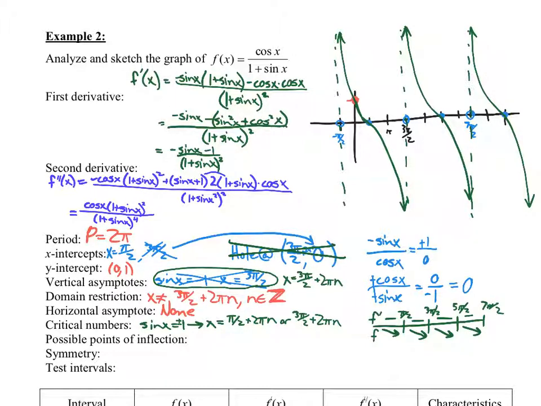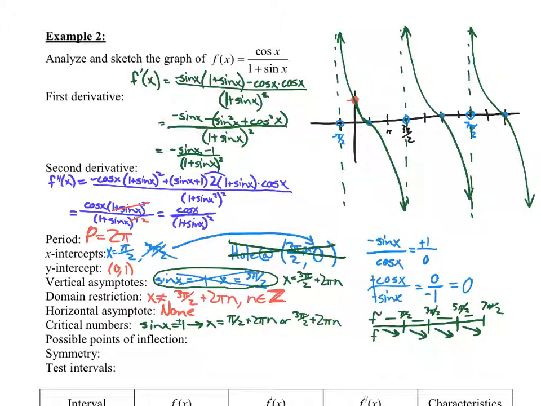Now this is kind of cool because now I can cancel that out with that, and there's only 2 left. And now I have cosine x over (1 plus sine x) squared. Okay?